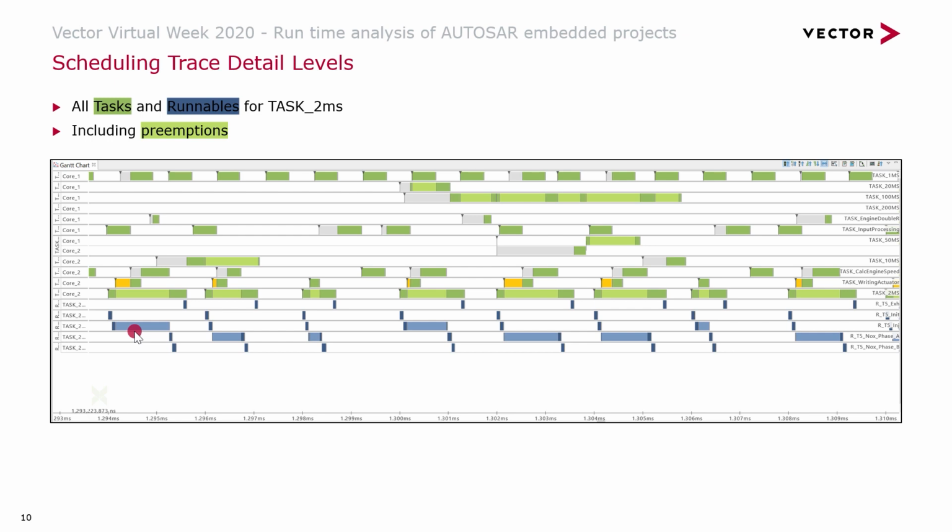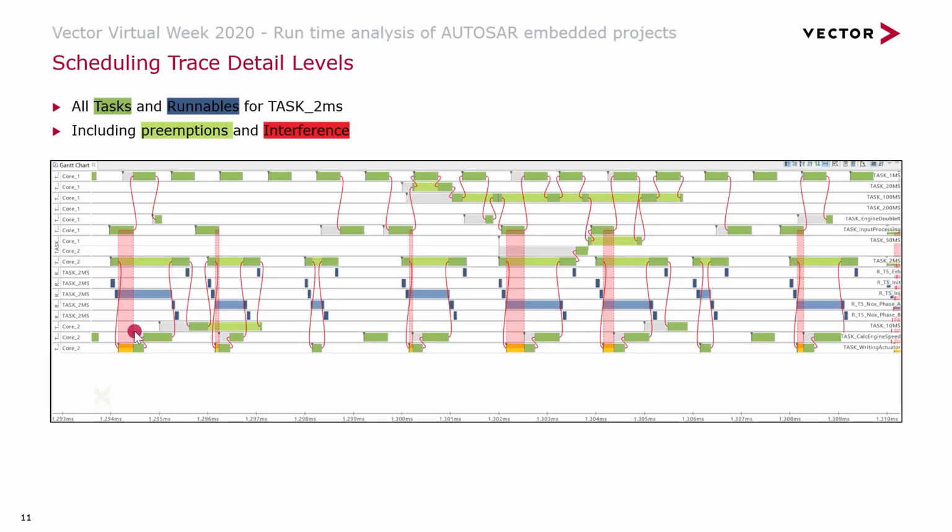Additionally, I can also run an interference analysis. This is what you see here in the red lines. And these show me, for this task 2 milliseconds, at which point they were interrupted and in which sequence they were interrupted by which other tasks. Based on this, I can now find solutions, for example, changing the offsets between the tasks or moving specific tasks to another core.